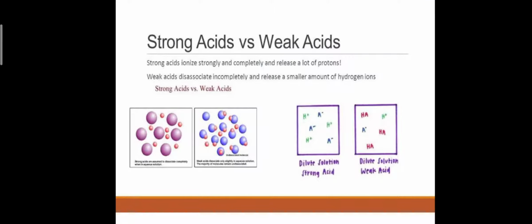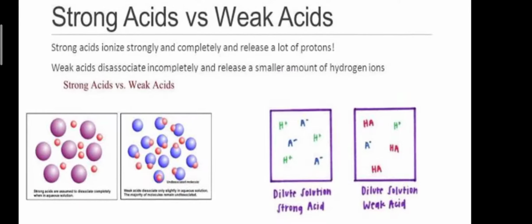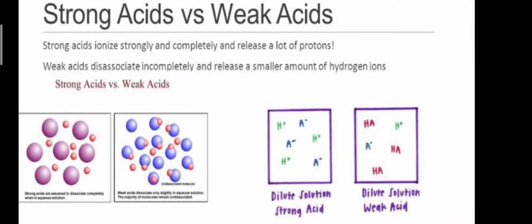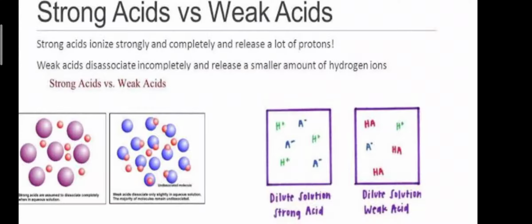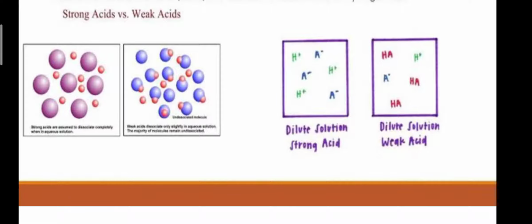Strong acids and weak acids. Strong acids ionize strongly and completely and release a lot of protons. Weak acids dissociate incompletely and release a smaller amount of hydrogen ions. A dilute solution of a strong acid completely dissociates and gives H+ ions, while a weak acid does not completely dissociate.